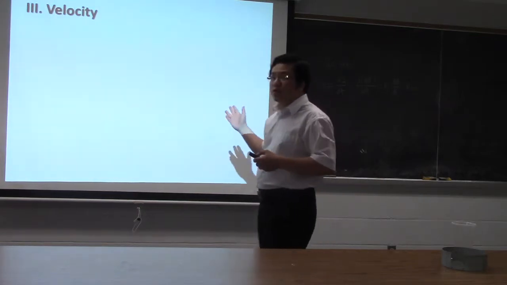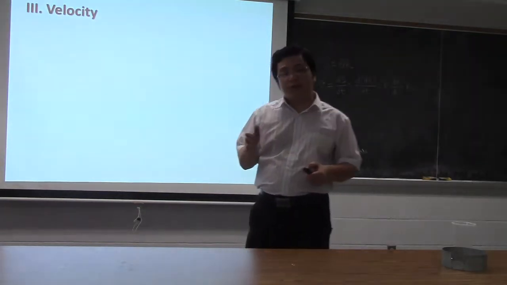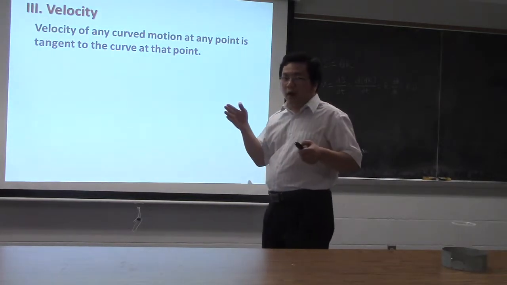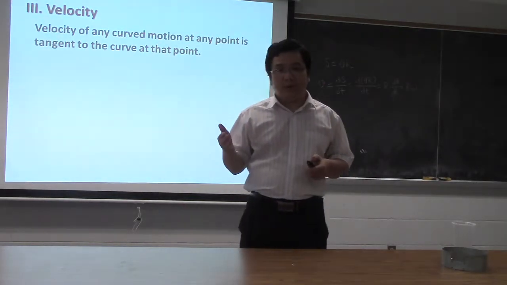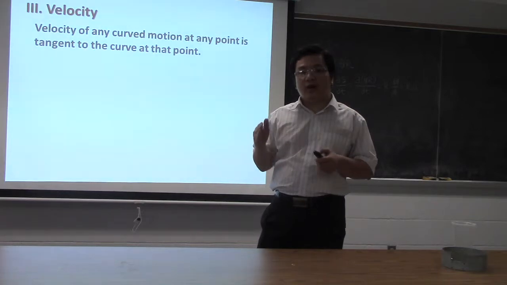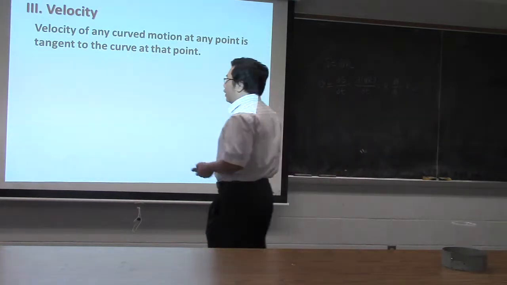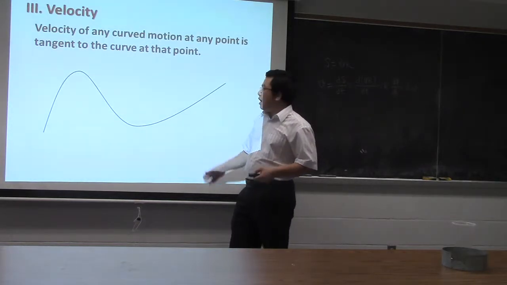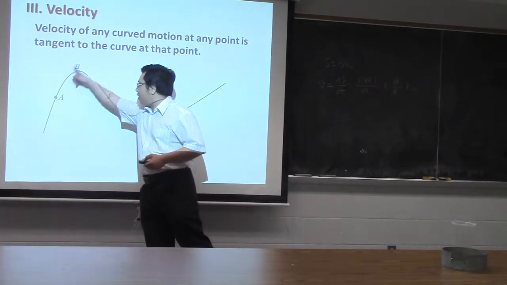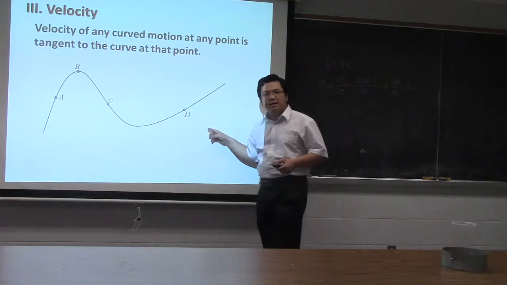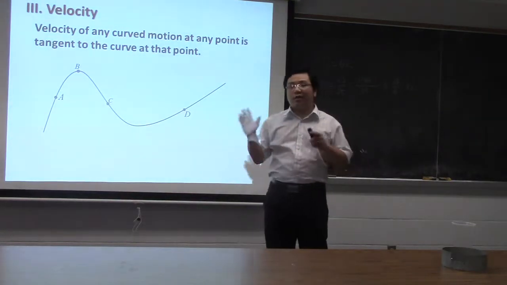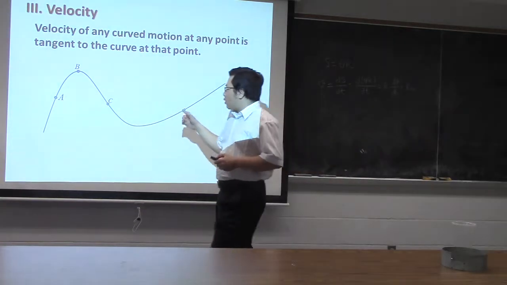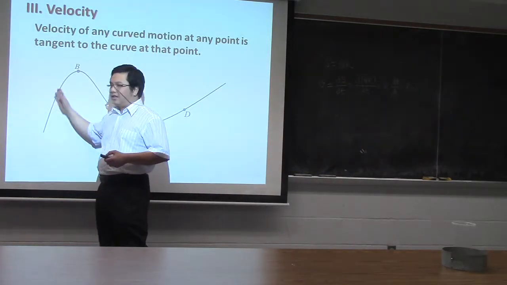This property is true not only for circular motion, but also for any curved motion. So the velocity vector of any curved motion at any point is tangent to the curve at that point. Knowing that, let's consider this curved path and an object traveling on this curve passing 4 points A, B, C, and D. I want you to spend 30 seconds to draw this picture in your notebook and draw the velocity vector at these points.